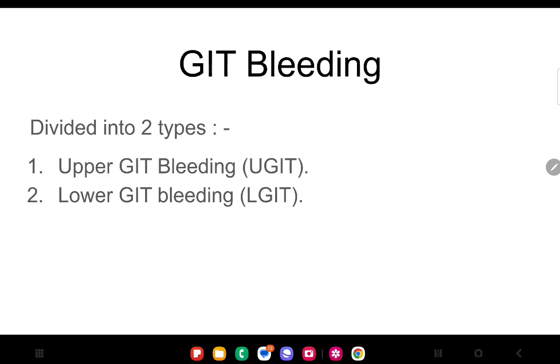It's a fibromuscular band joining the two points, and it is important in the diagnosis of upper GIT bleeding, because any bleeding below that is lower GIT bleeding. Any bleeding above this junction is upper GIT bleeding. It is also important in children, where the rotation of the intestine occurs around that ligament.